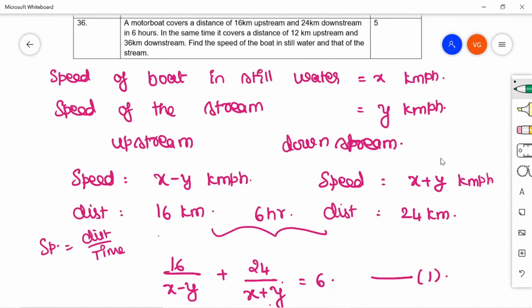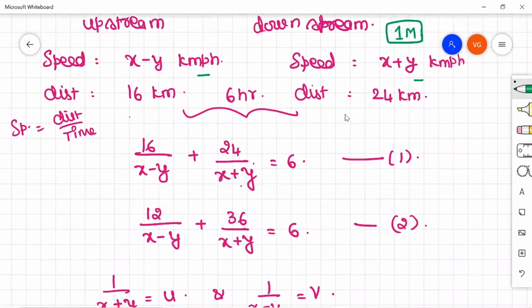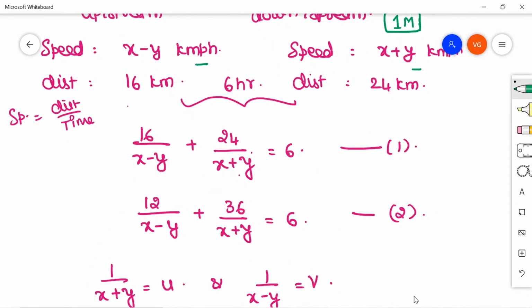Coming to the marking criteria. For the assumption of x, y, and the upstream and downstream speeds, you will get 1 mark. Then setting up equation 1 and equation 2, writing these two equations, you will get 1 mark.